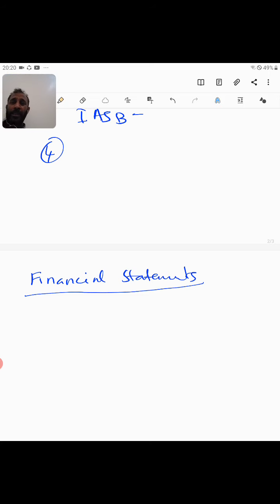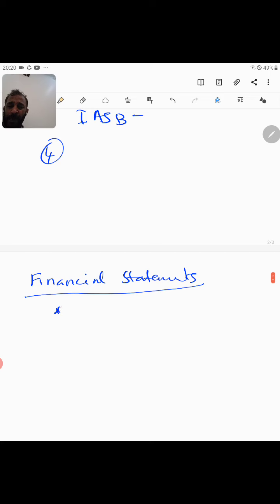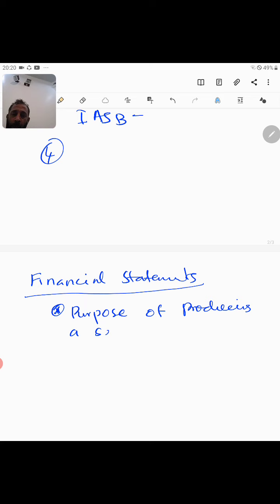Then we look at the purpose of producing a set of financial statements.